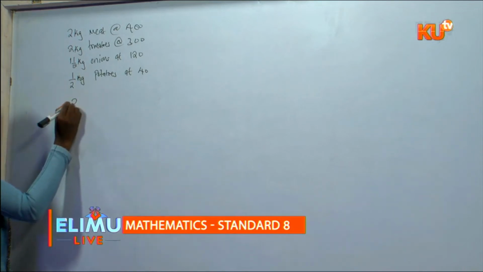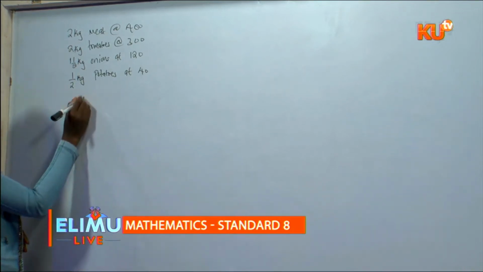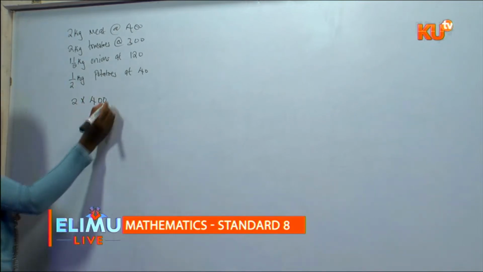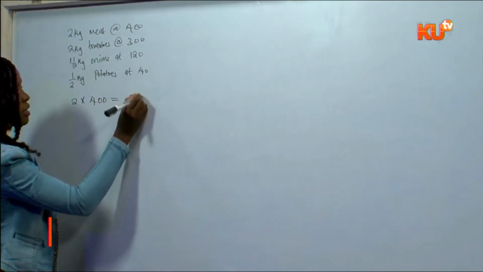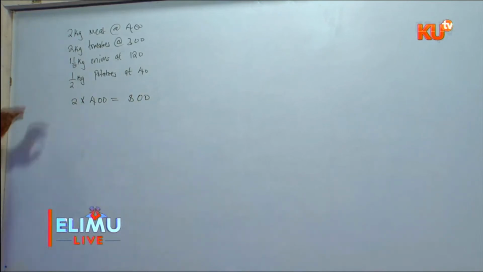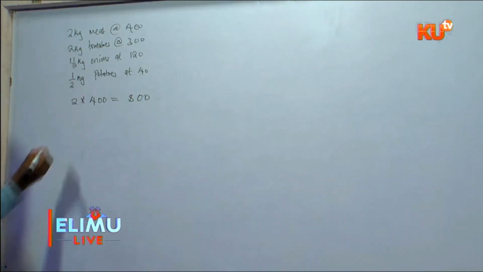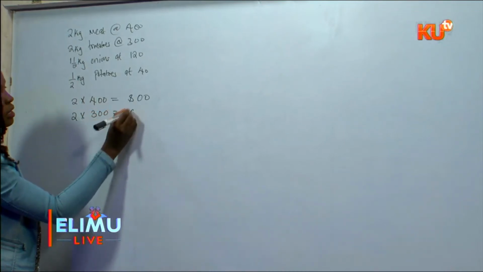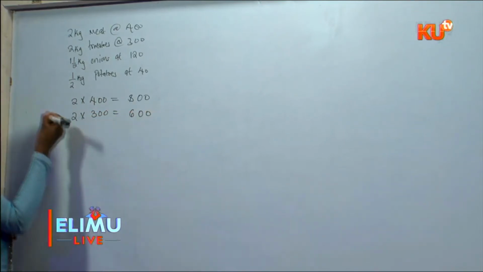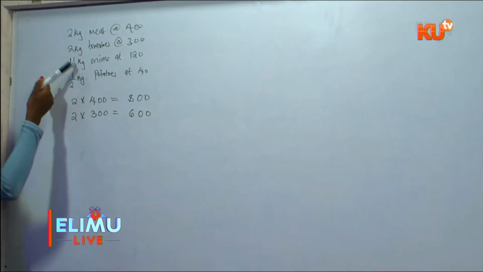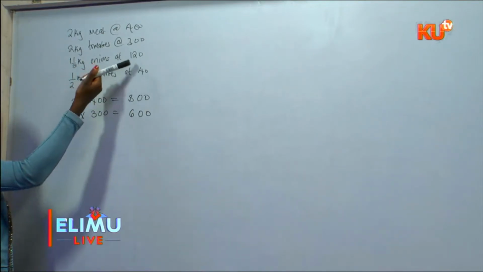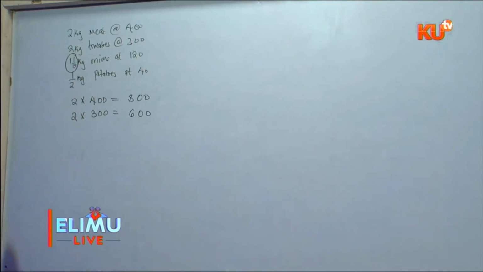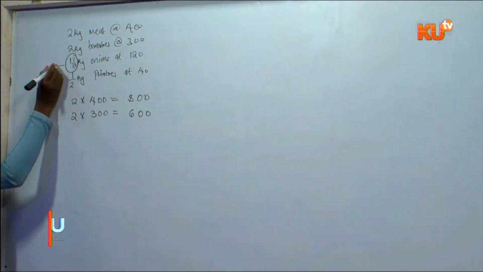It is the number of kgs for meat times the cost of 1 kg. 2 times 400, we get 800. Then 2 times 300, we get 600. And then we have 1.5 kgs onions at 120. This 1.5, we change it to an improper fraction for the sake of multiplication.